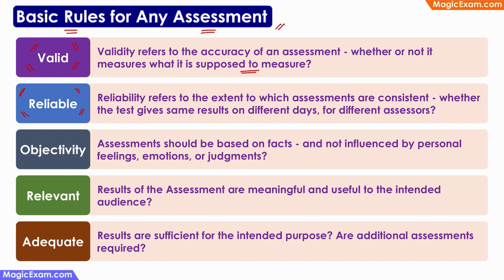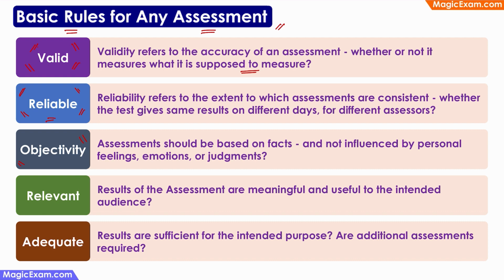Next, we should check for objectivity. That is, if we use a good and reliable thermometer on a patient and it says 104, then if I use it on the same patient and it says 104, we know that it is reliable and it is objective. It is measuring the temperature. But if I use my hand to measure the temperature of that person, I might think that the person is normal, he doesn't have any fever.